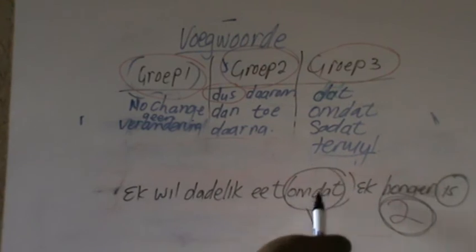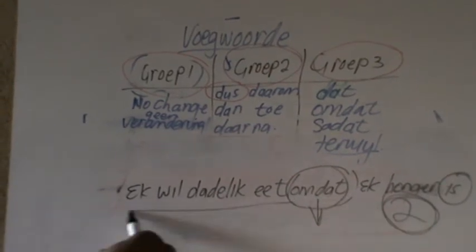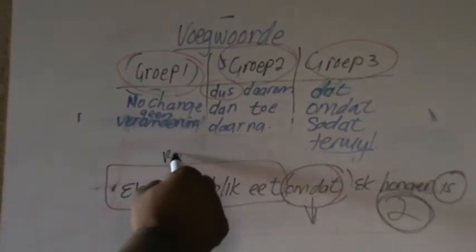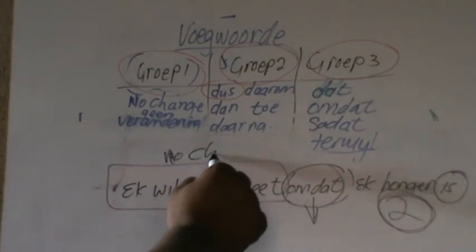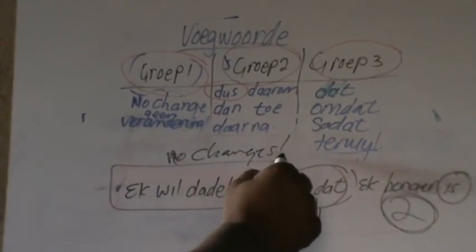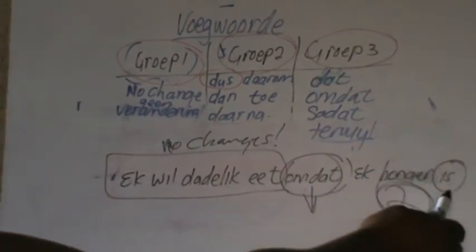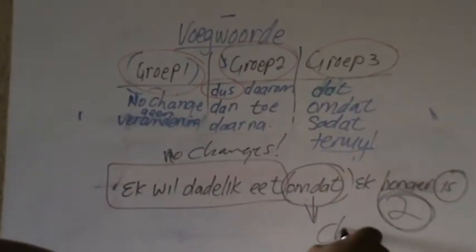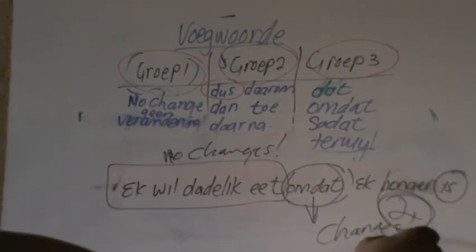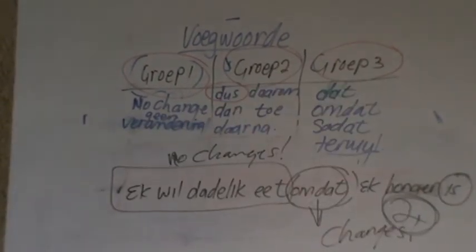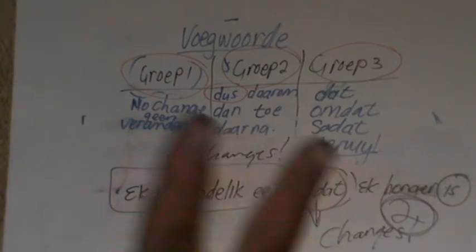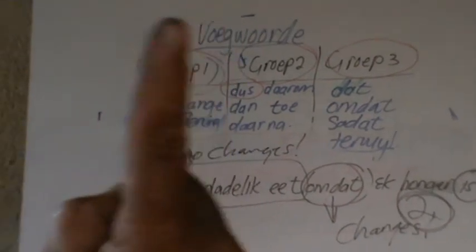You always add your conjunction. Sentence 1, no changes. Sentence 2, the verb has to move to the end. Changes take place. Please remember, changes take place in the second sentence, not the first sentence.